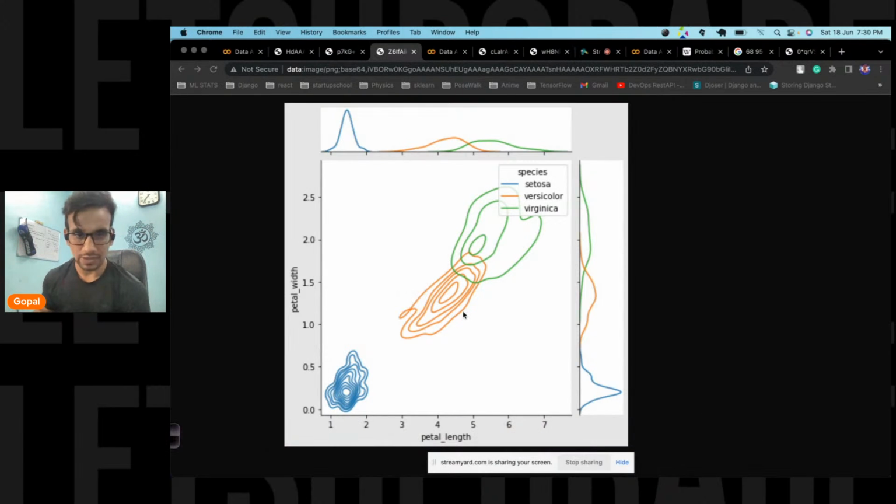Here, we have got most points between 4 to 4.5 for versicolor. And for this central tendency, whatever the value we have here, 1.12 or something, we have got the most points here, and fewer points here, here, and here. That is how this KDE works.